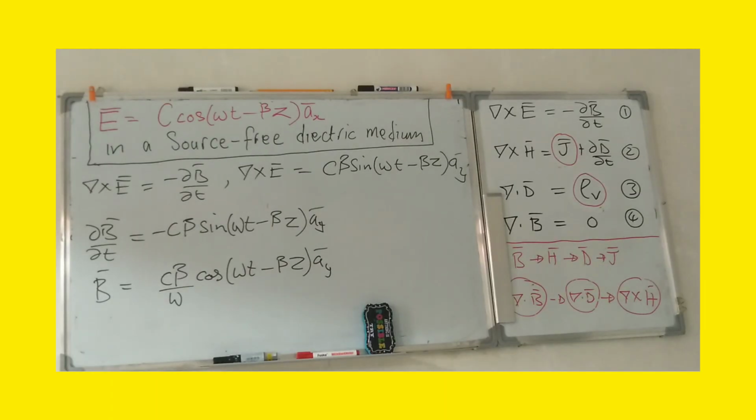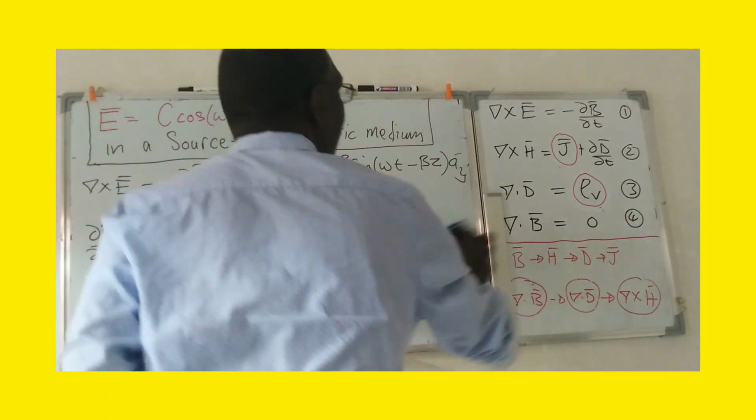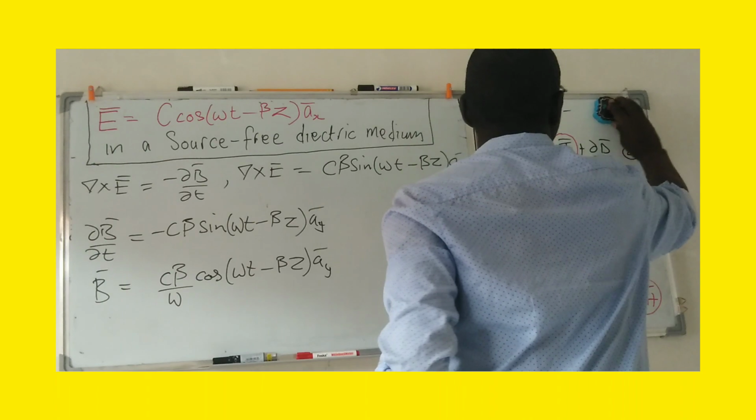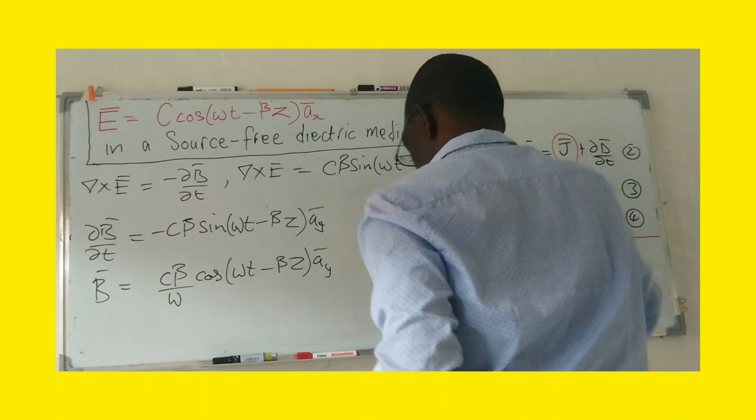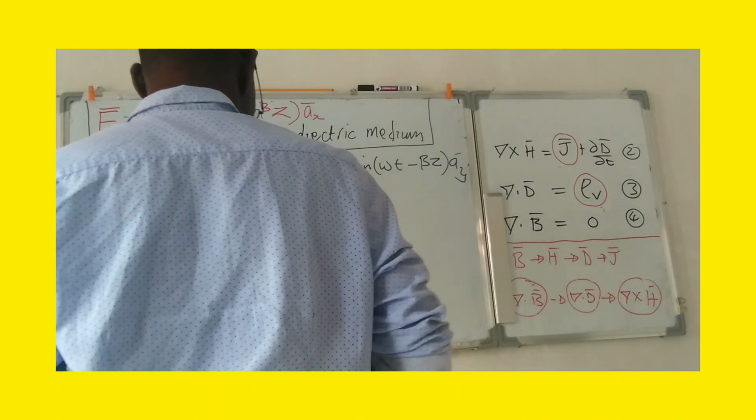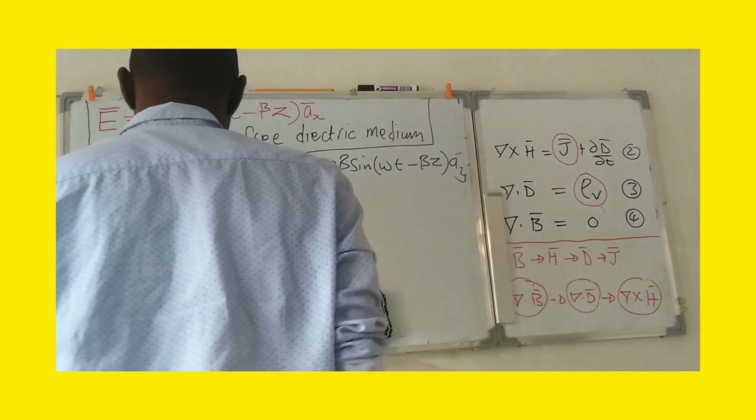To create space, let me clear this one here and write our expression for B in its place. So we can write here, maybe we should emphasize this in red.